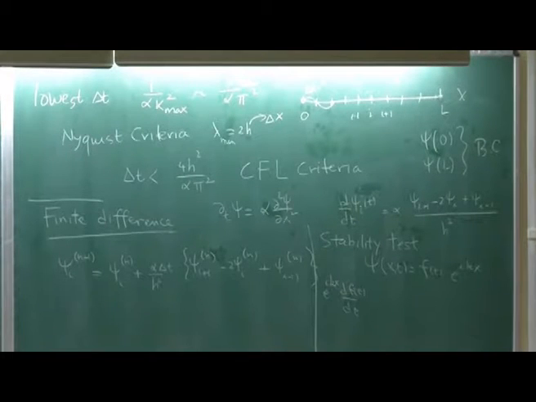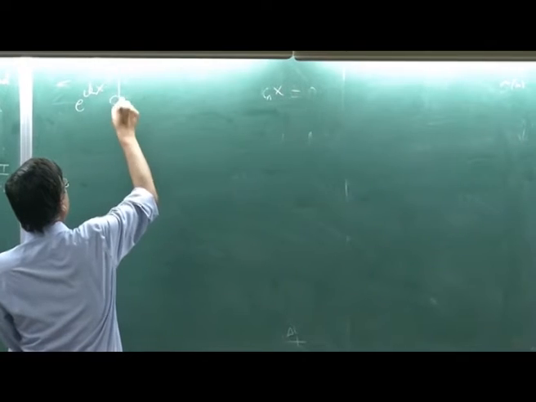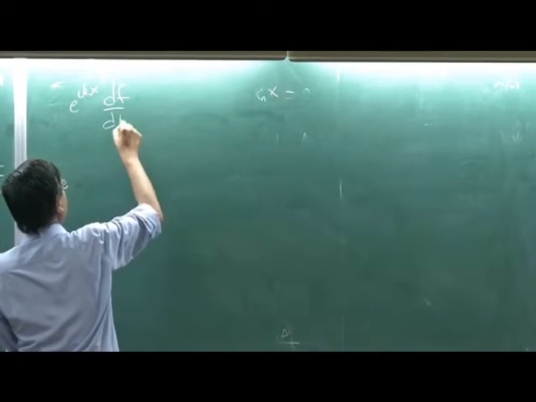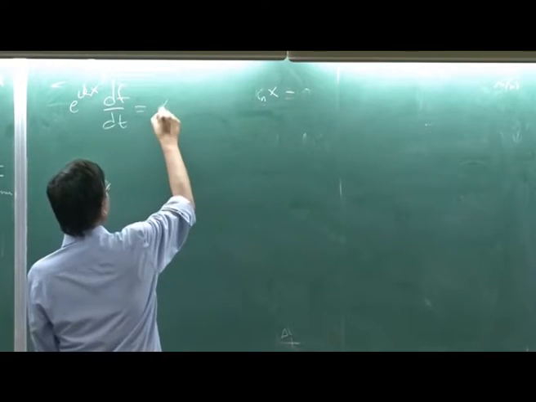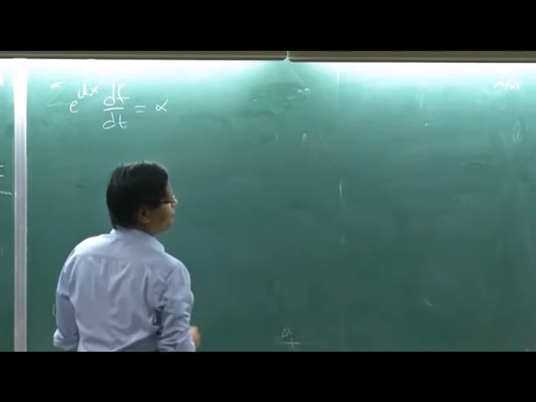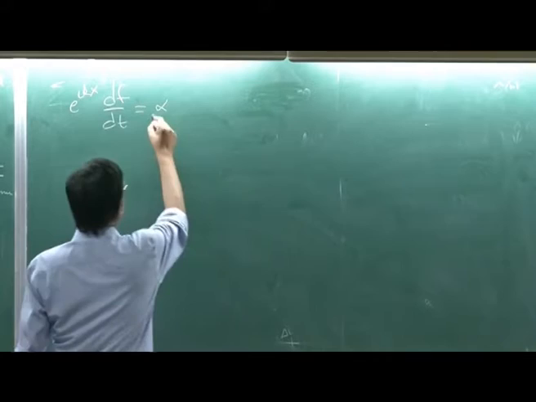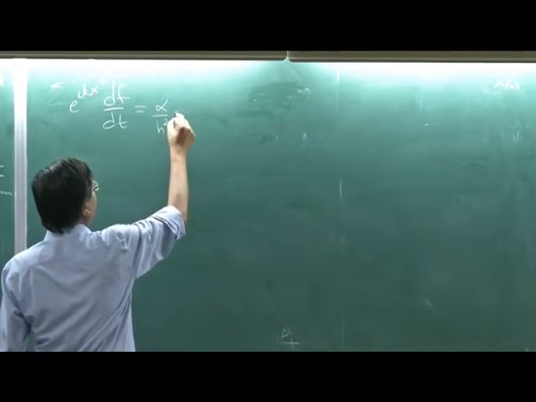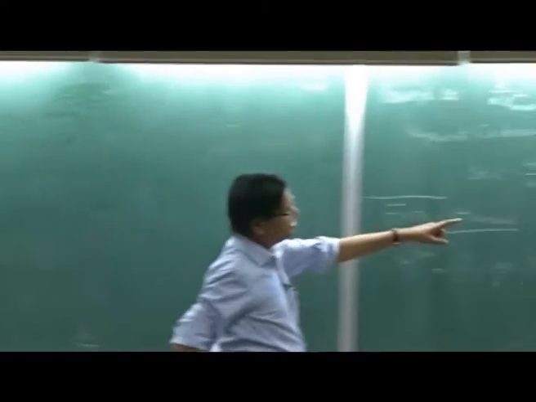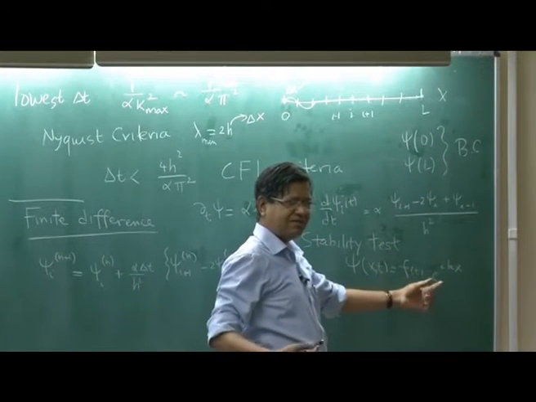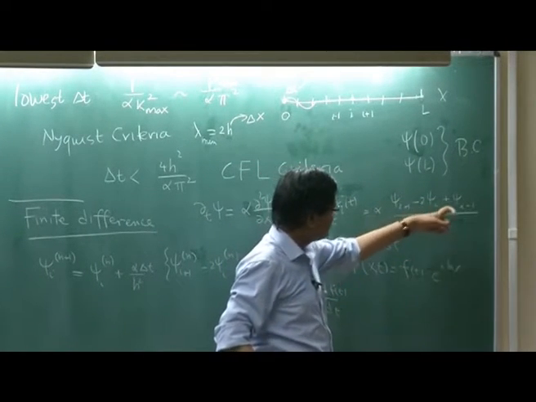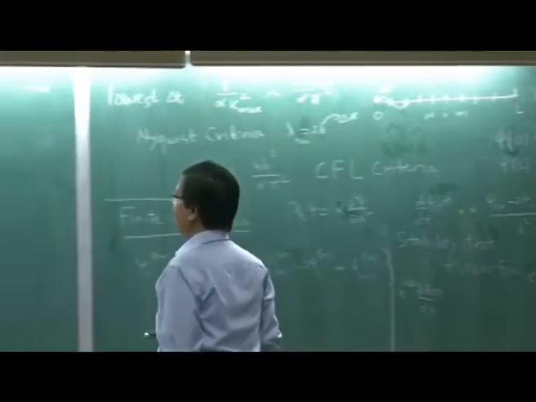So let's plug that in here. You get e to the power i k x df by dt equal to the right hand side, alpha by h squared. Now f will come out from this expression.